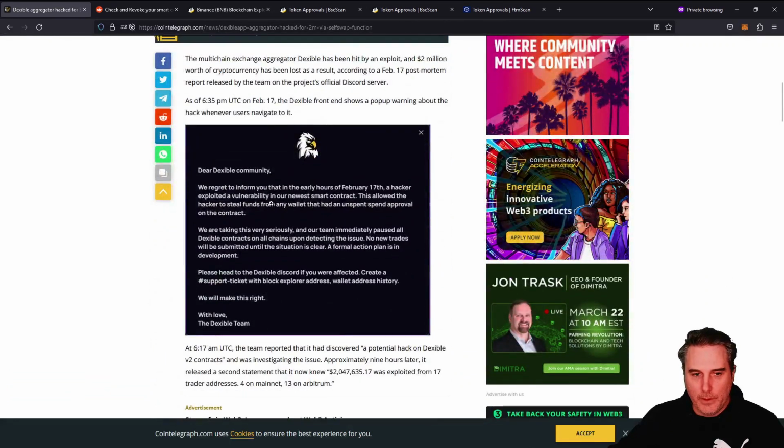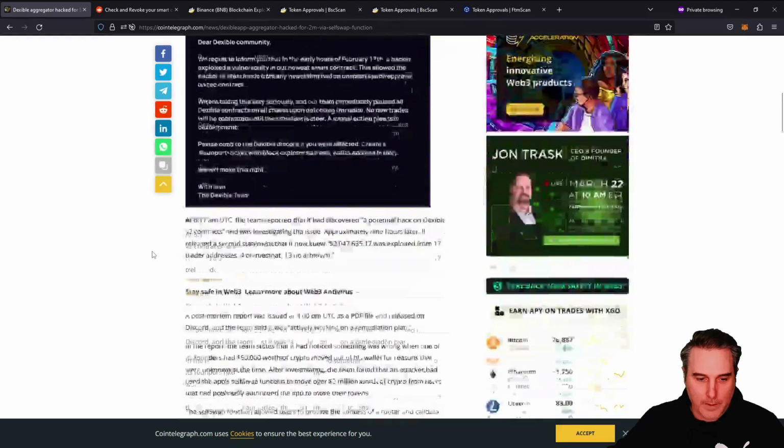And so the company sent out this in February saying, hey, we regret to inform you that in the early hours of February 17, a hacker exploited a vulnerability in our newest smart contract. This allowed the hacker to steal funds from any wallet that had an unspent send approval on the contract.